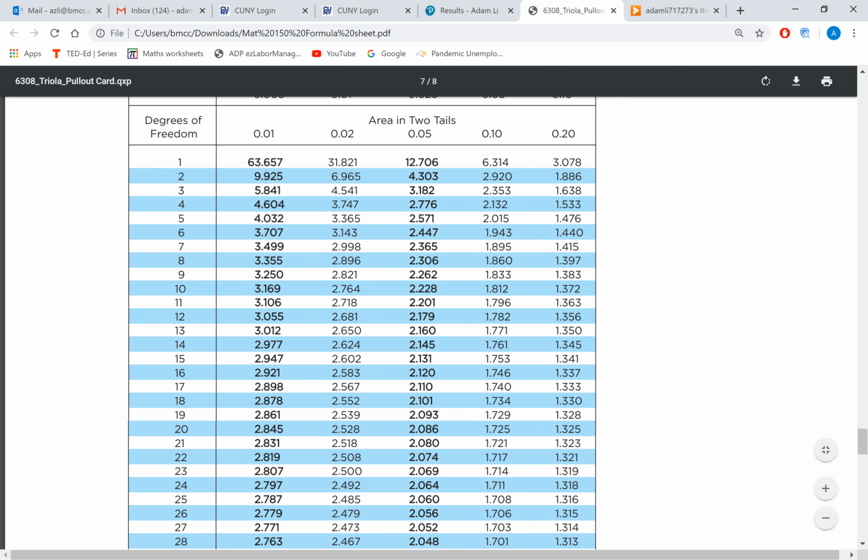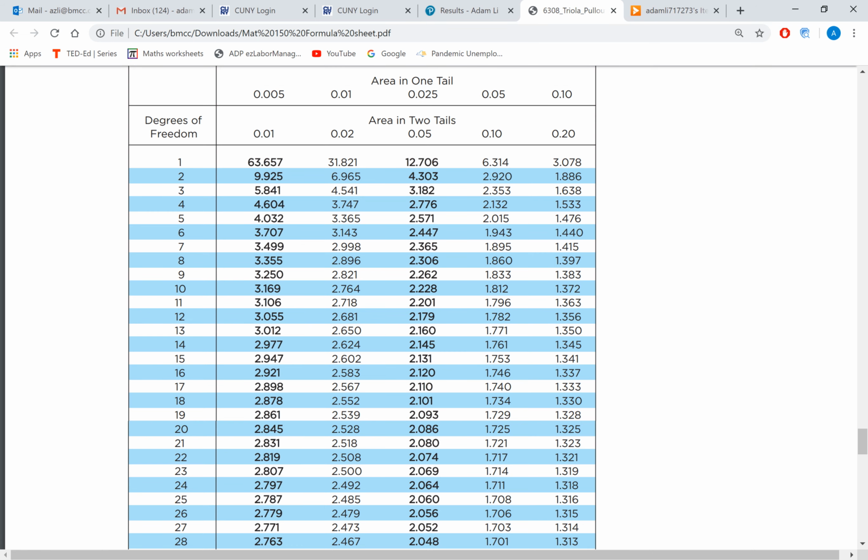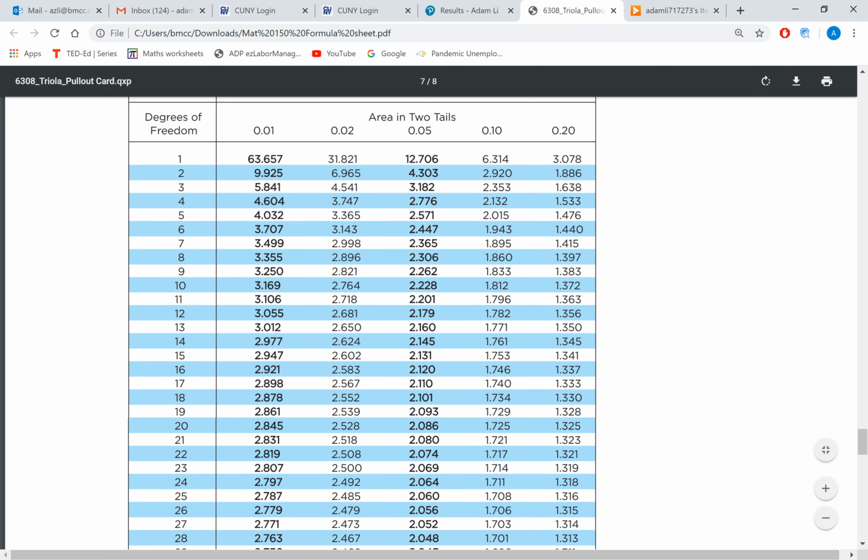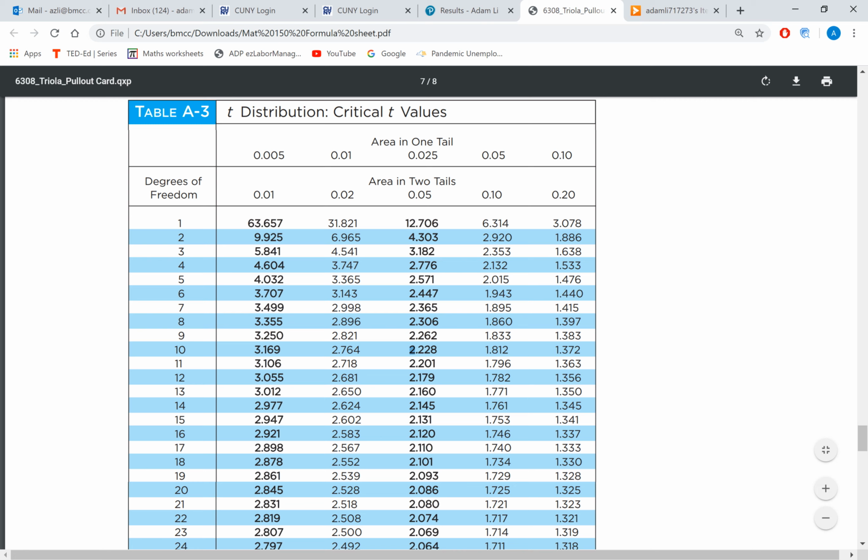The intersection gives us the critical t score. For example, let's say degrees of freedom equal 10 and area in two tails equal 0.05. The critical t score here will be 2.228. And that's how you locate the critical t score from table A3. Okay.